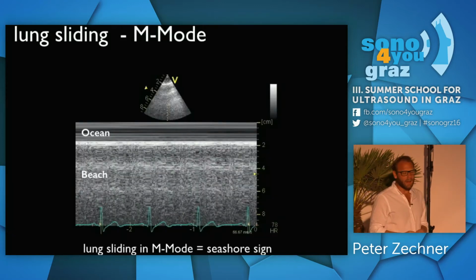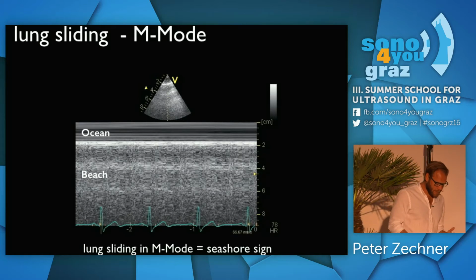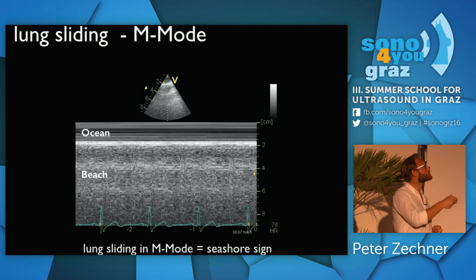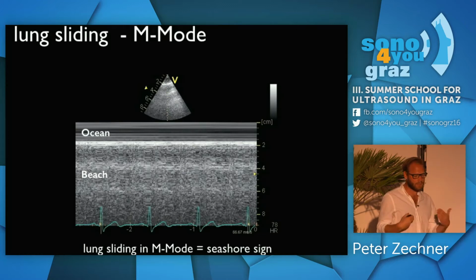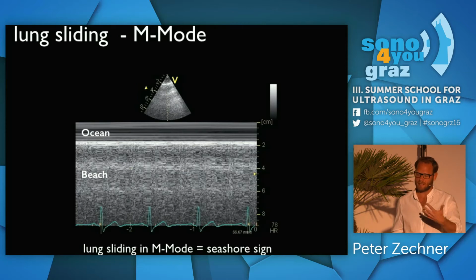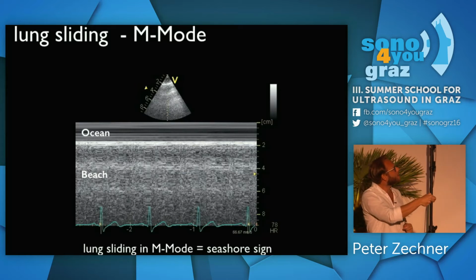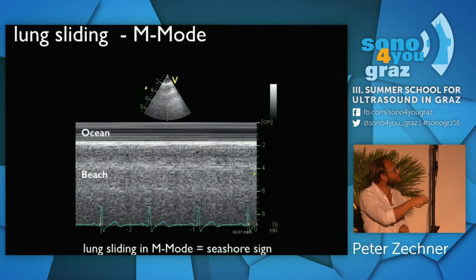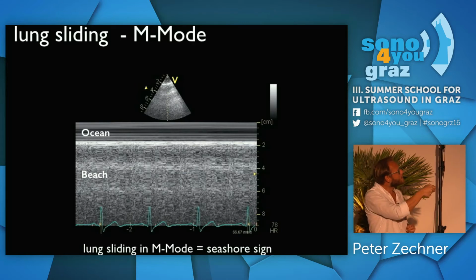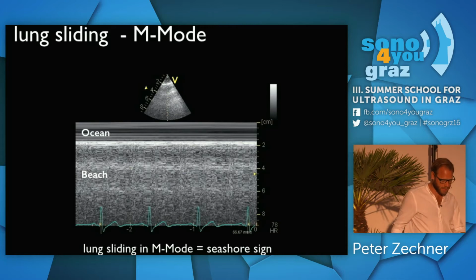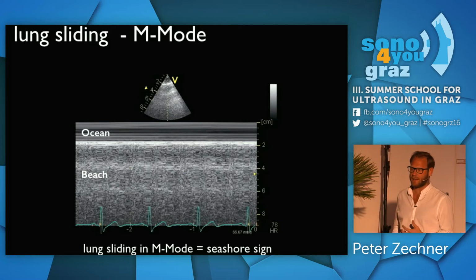So we can do another image of this lung sliding when using M mode. We put the M mode just between two ribs, and then we get a sign that's called the seashore sign because it looks like a beach at the ocean. In the area of the subcutaneous tissue and the muscles, we get a linear sign, and here is the pleural line, and all below it, we get a sign that looks more like sand.